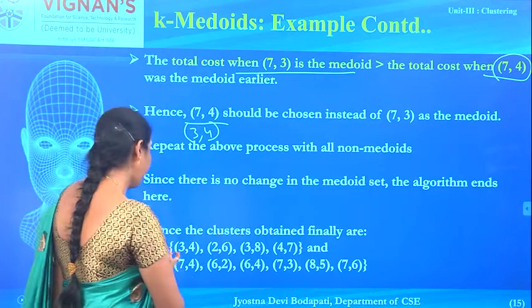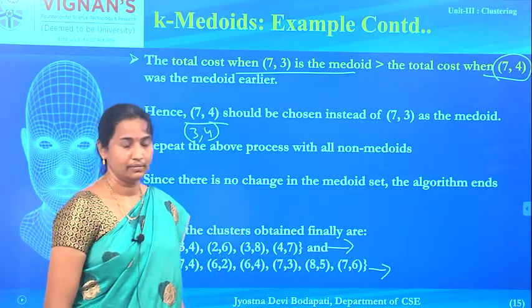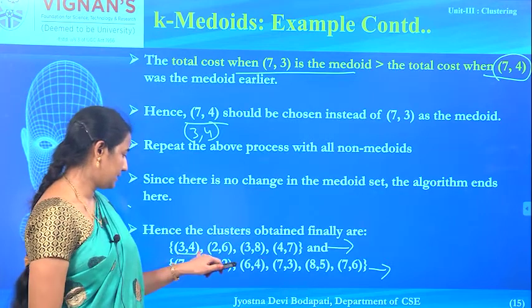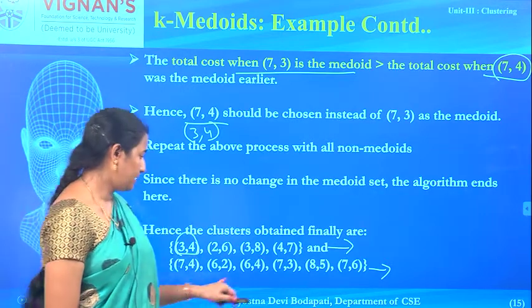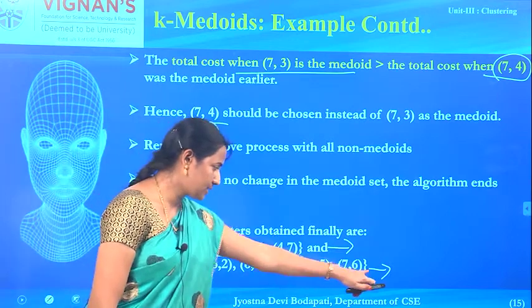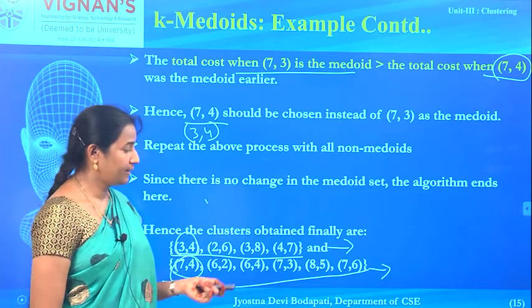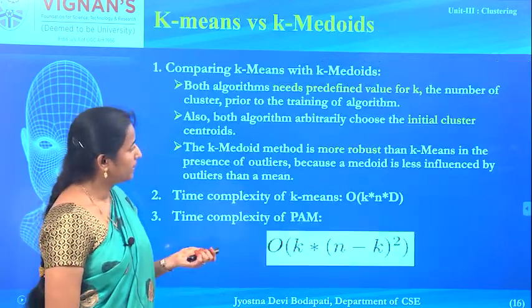Finally, these are the two clusters that you are forming. Your cluster center is 3, 4, that is a medoid, and 7, 4 is another cluster center. These 4 points form one cluster and these 5 points form the other cluster, which is comparatively a better set of clusters.